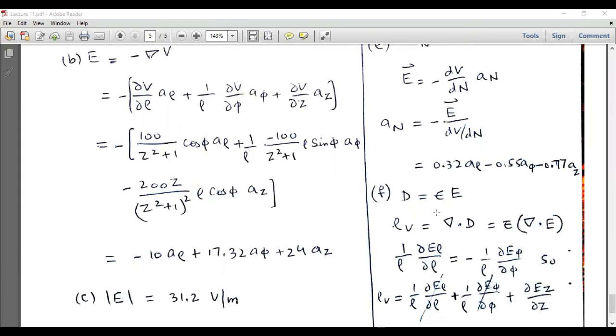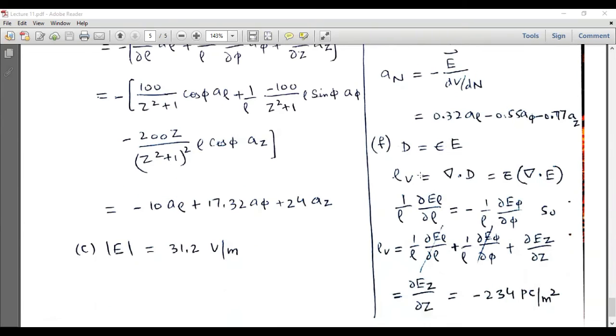In the F part, we have to calculate the volume charge density, and we know that D is equal to epsilon E. We are given E, so we can evaluate D. Then rho V is equal to del dot D. So after evaluating D, we have to take the divergence of this vector quantity D, or epsilon times divergence of E, which will give us the volume charge density.